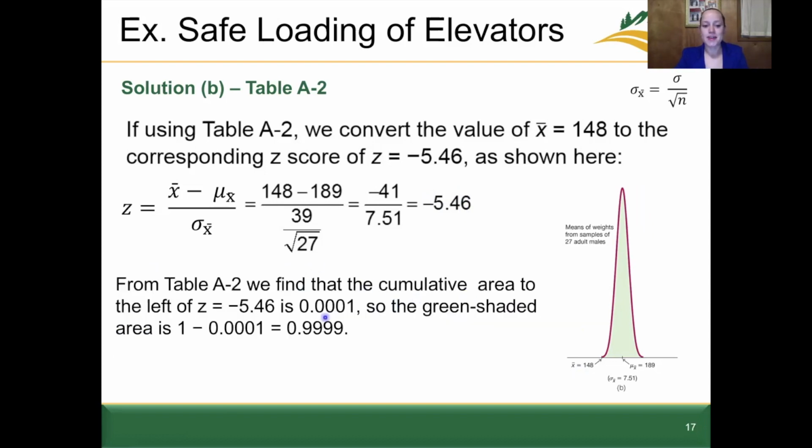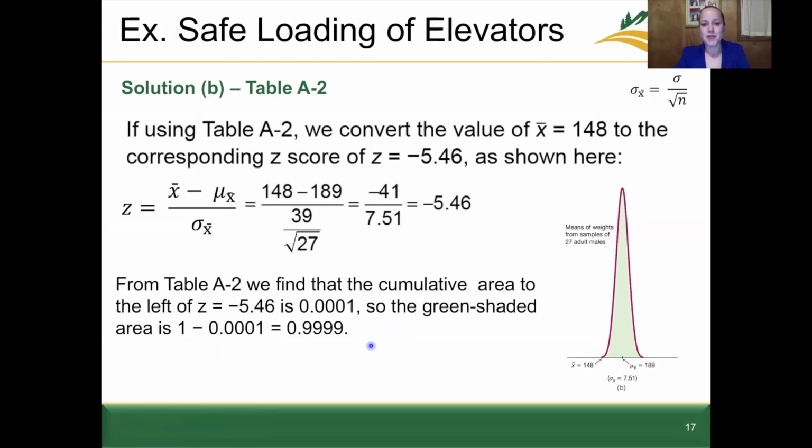Now, with this value of the cumulative area from the left, we need to take 1 minus that value to get our true shaded region here, or the probability that we're interested in. So when we do this, we take 1 minus 0.0001, and we get a probability or area value to the right then of this specified x bar value as 0.9999.